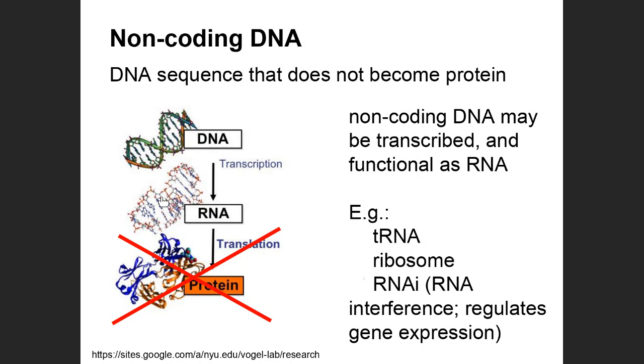So not every RNA becomes protein, either because it's not meant to become protein, it's just meant as a functional molecule, as a tRNA or rRNA, or it's an mRNA that gets destroyed before it becomes protein. You could think about it also as the intron of a gene that is transcribed as mRNA but doesn't get translated to an amino acid.